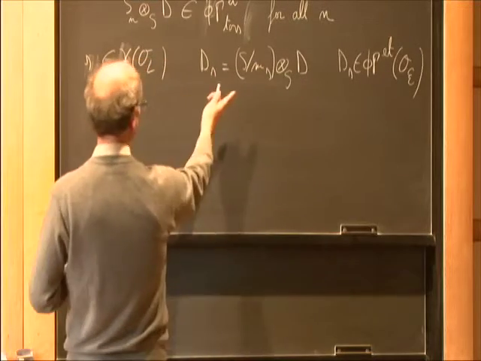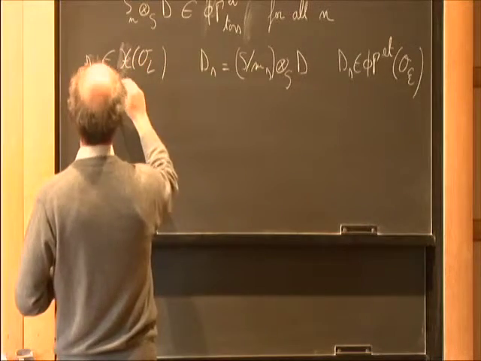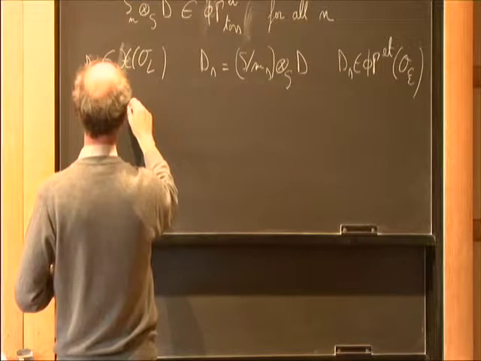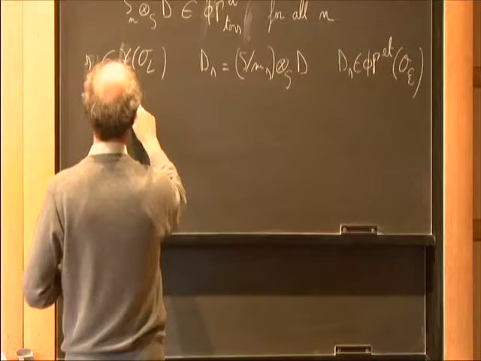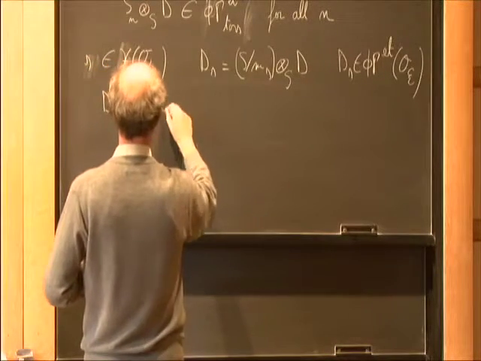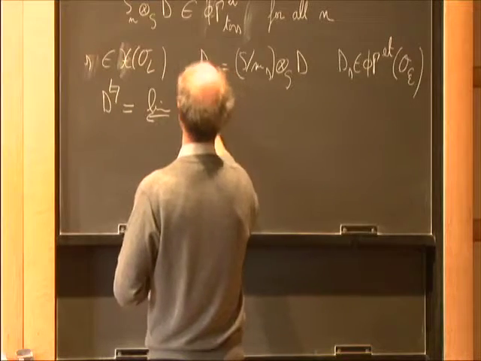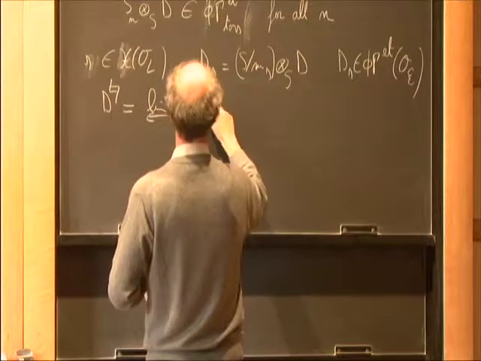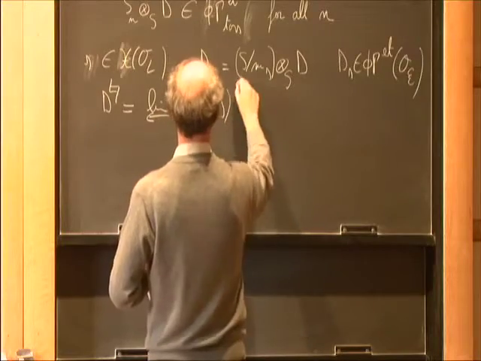Yeah, and so in D you define a D natural, which is going to be the projective limit of the Sn tensor D natural.